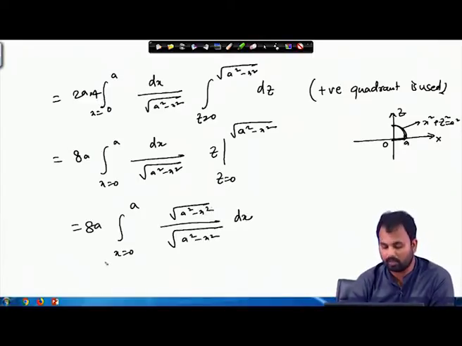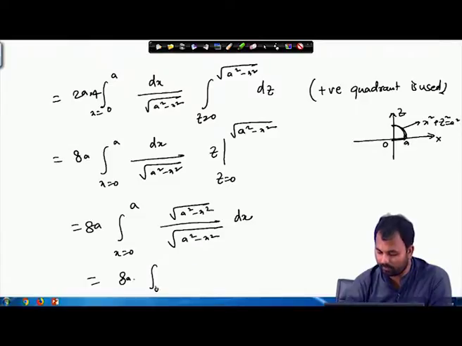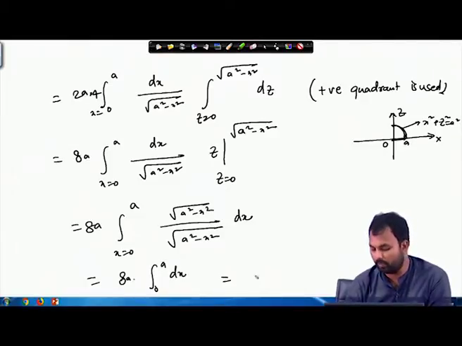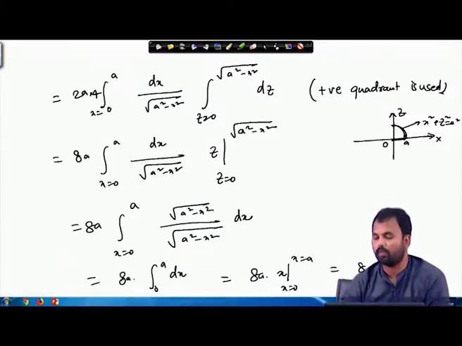So, both will cancel out, and then it will become 8a times only dx, and then this will be 8a x evaluated at x equals 0 and x equals a. So, this will be basically 8a square.